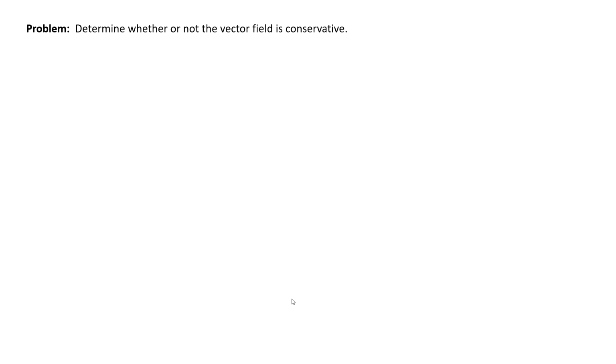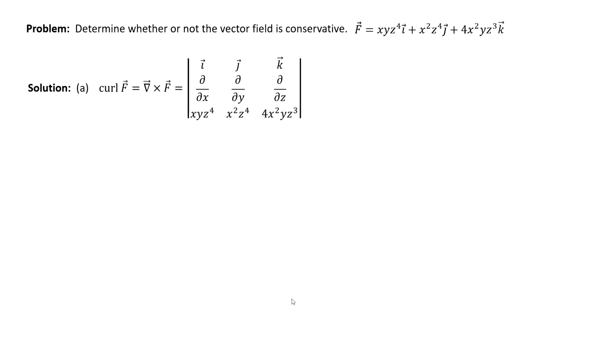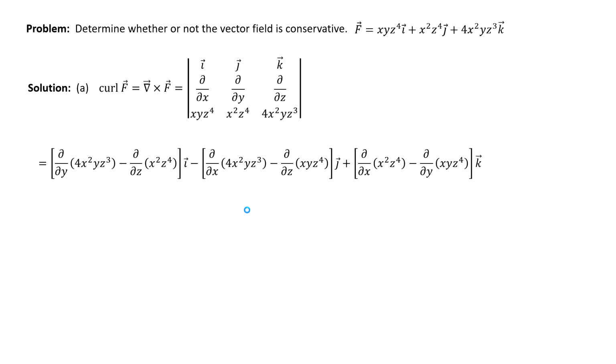Determine whether or not the vector field is conservative. Yeah, what do we do? We are given this F. You remember, if the curl of F is 0, then the vector field is conservative. So we just need to evaluate the curl of this, and that turned out to be not equal to 0.